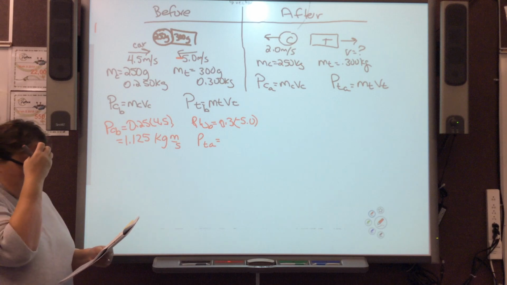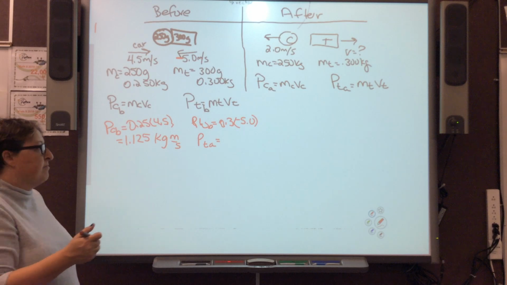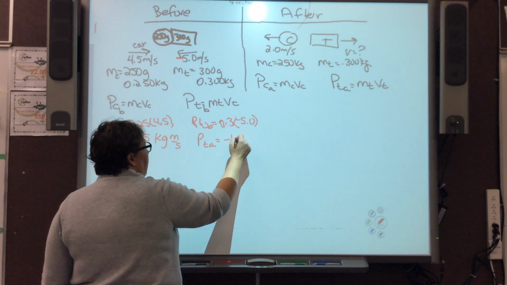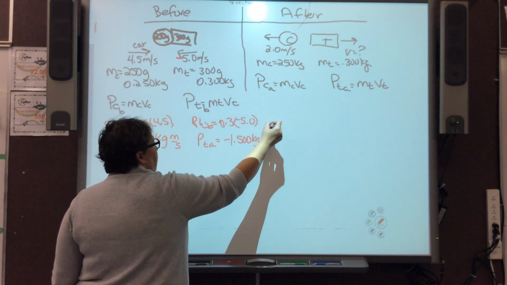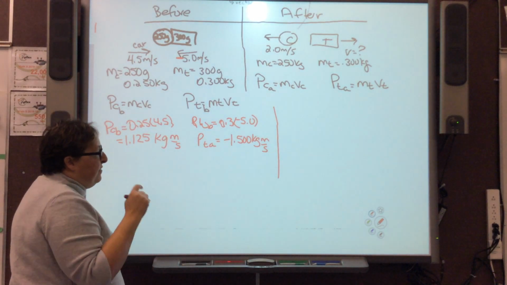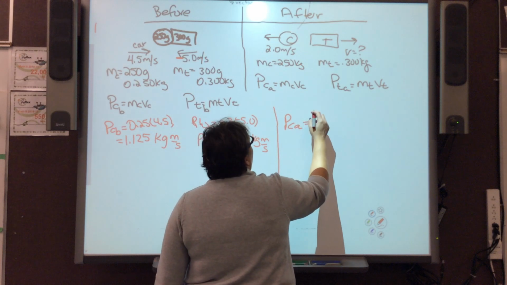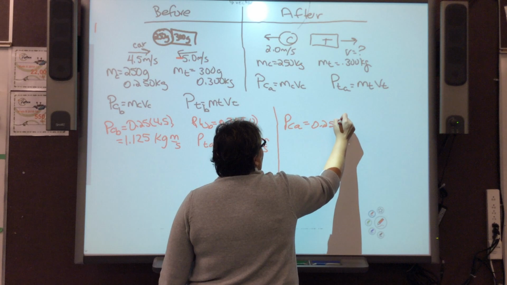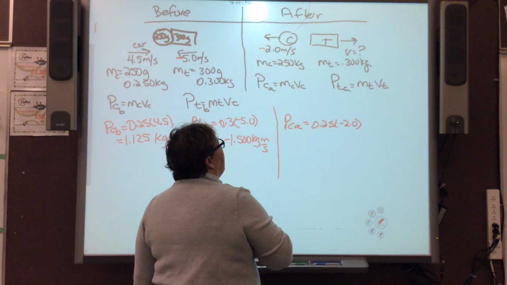What do you get for the truck? 1.5. But don't forget the negative sign, right? What about after? Don't forget the negative sign because now the car is going left, right?